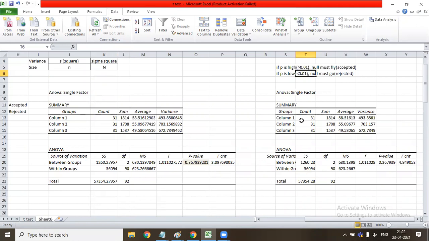The p-value is calculated based on F and the F critical value. These are the two things used to calculate the p-value. I have not explained the F distribution, and even if I explain it, it will not be fine.